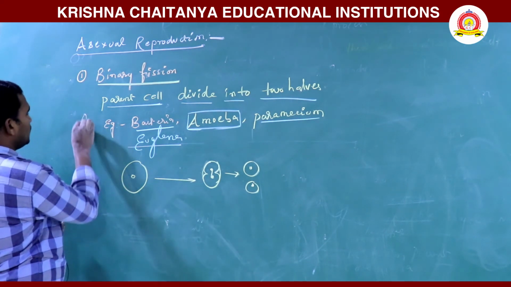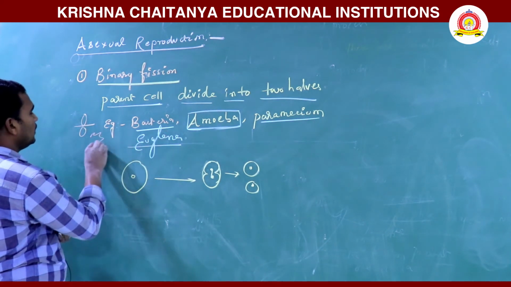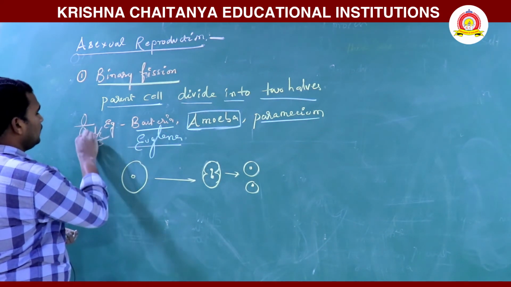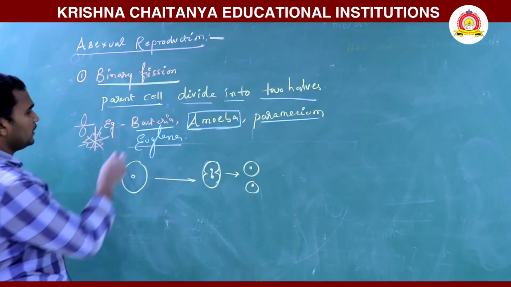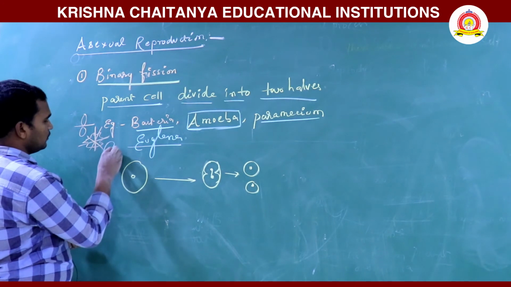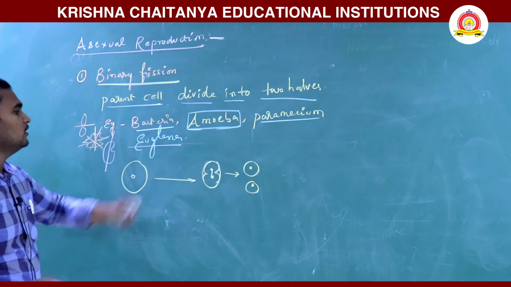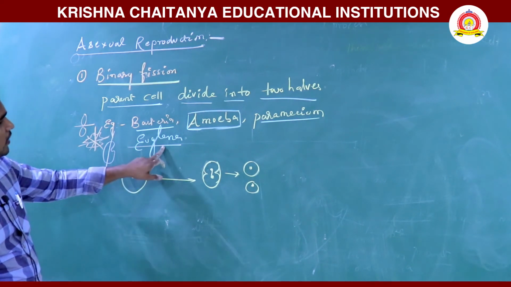So this is nothing but transverse, this is irregular, and the next one is longitudinal binary fission. We will see this in euglena.